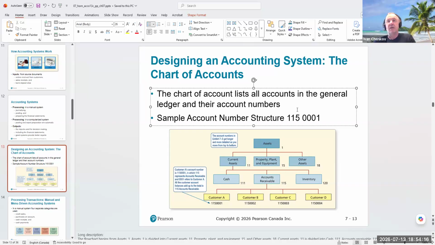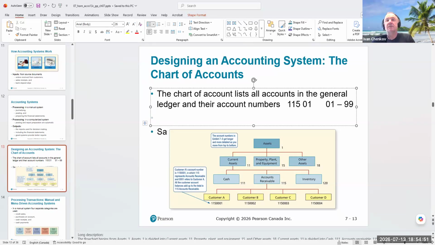For example, if I use 115 for accounts receivable and then put 01 as my first customer, then automatically I limit myself to only 99 customers, because my customers can go from 01 all the way to 99. Once I reach 99, I'm out of customers. So the maximum is 99 customers.